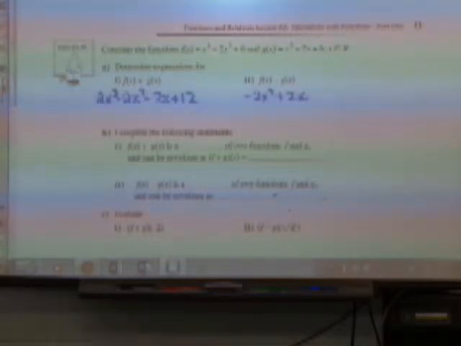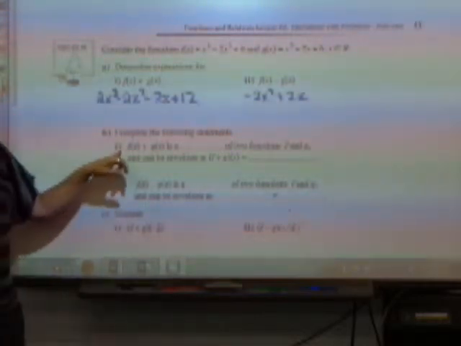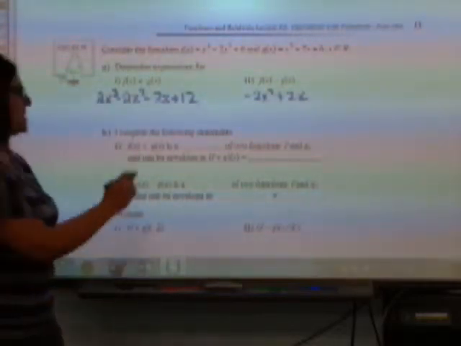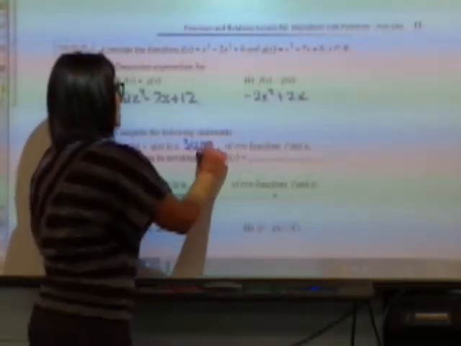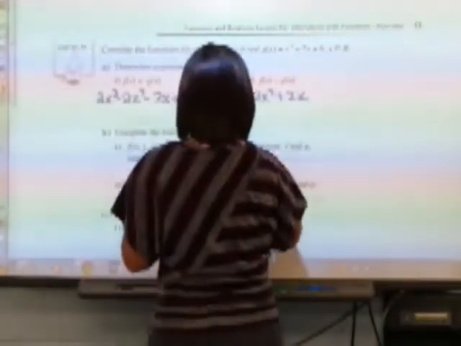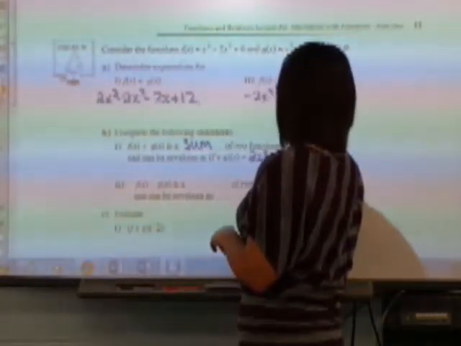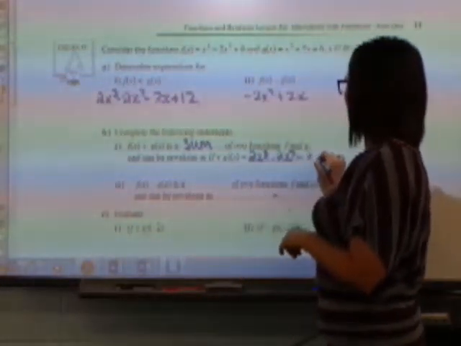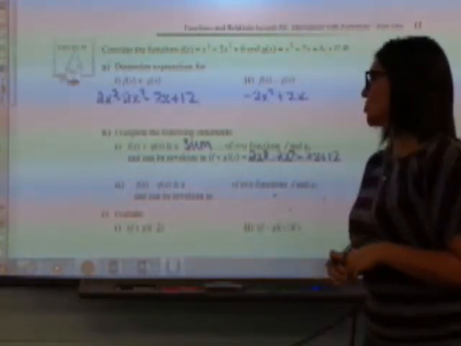So if I complete the following statements, f of x plus g of x is a sum of two functions and can be written as 2x cubed minus 2x squared minus 2x plus 12.